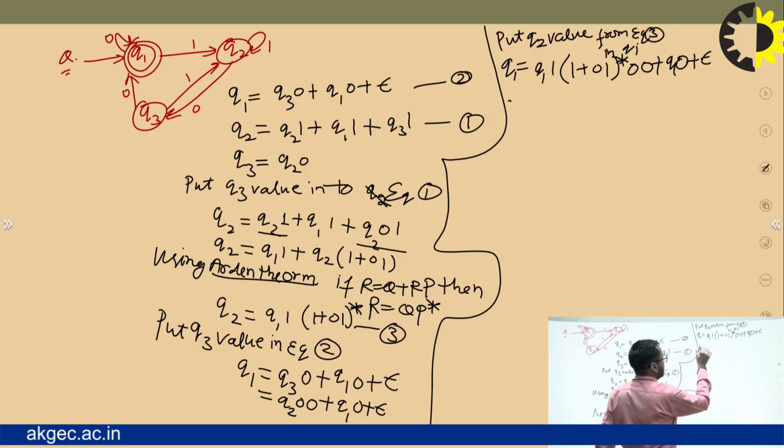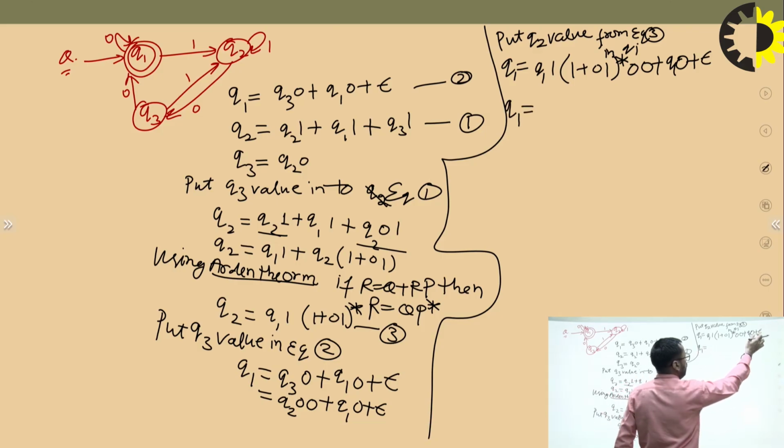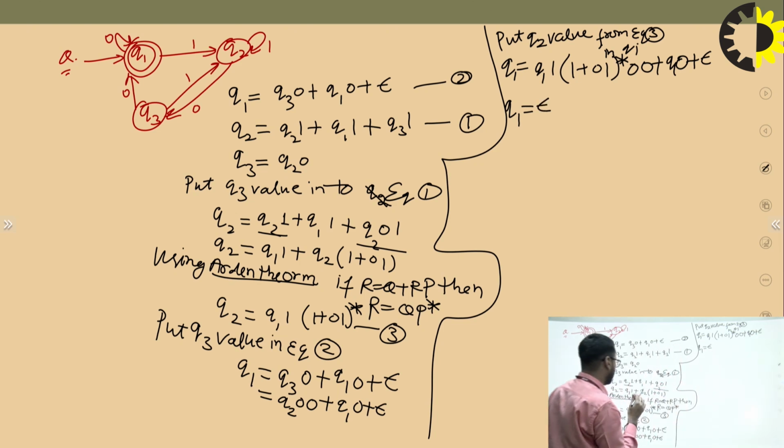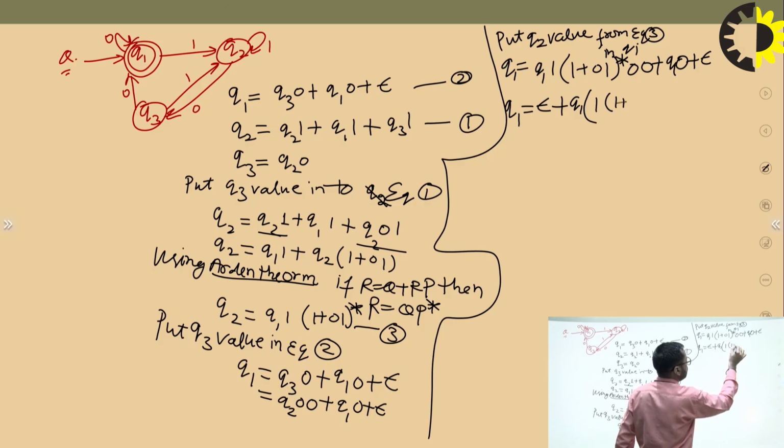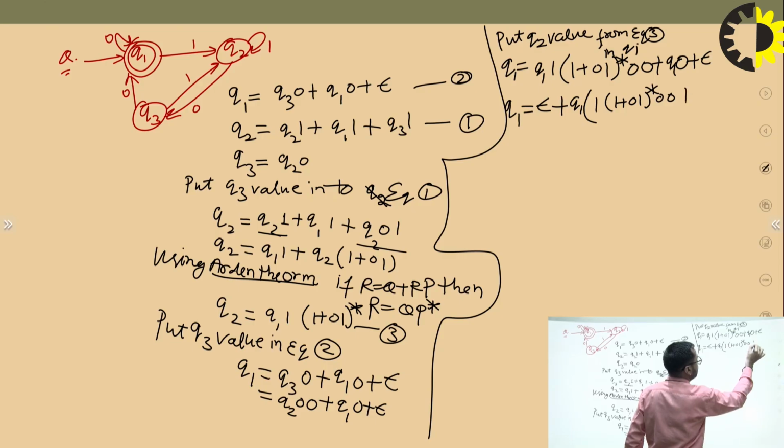We can write this with epsilon at the start to calculate properly in these formations as per Arden's theorem. Here we take the common value: epsilon plus Q1 (1 plus 0 1) star 0 0 plus 0.